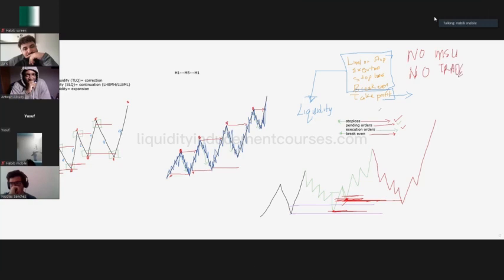So even with you having structural liquidity, it is not enough for you to jump into any trade. It's just a level for you to pay attention to. And once there is an MSU following through, that's where you have your trade. Does it make sense? Good.